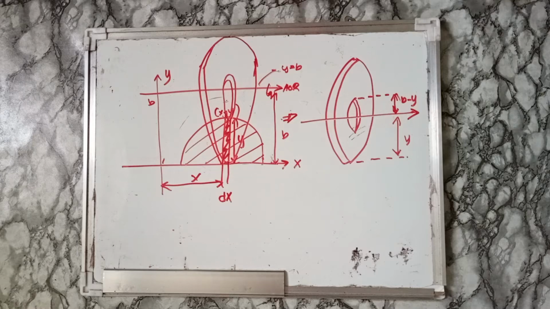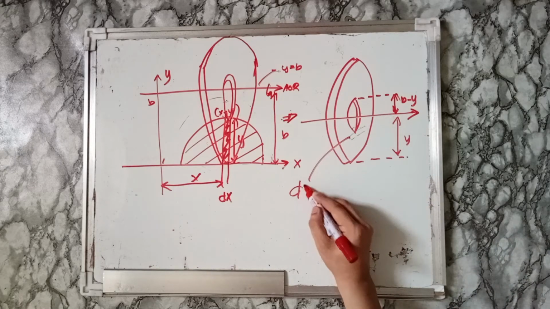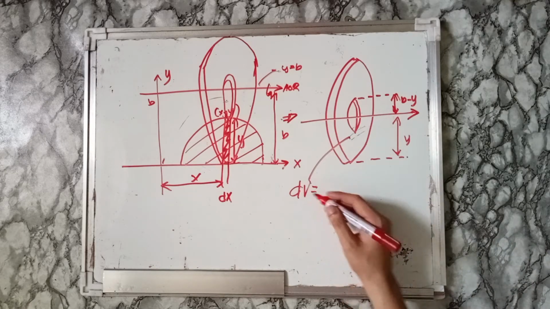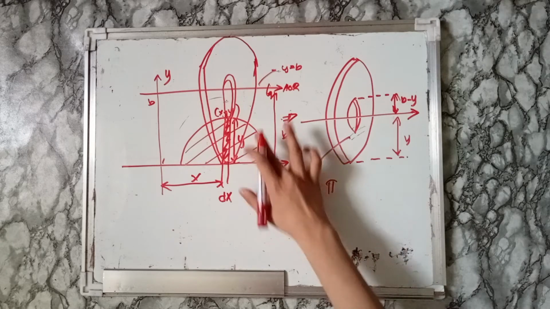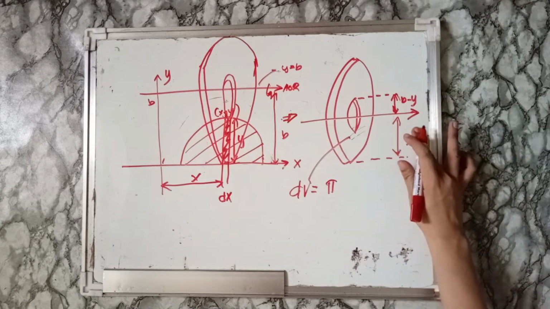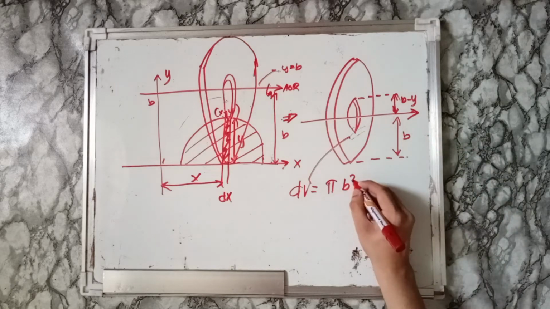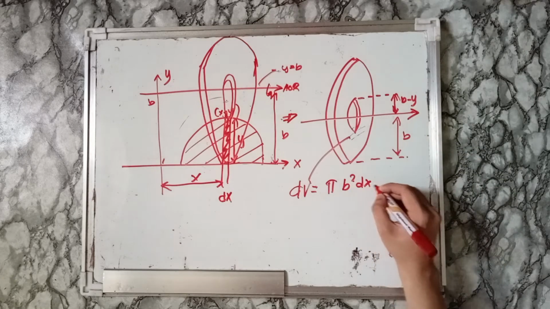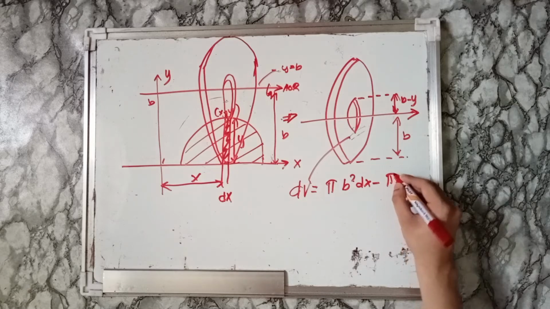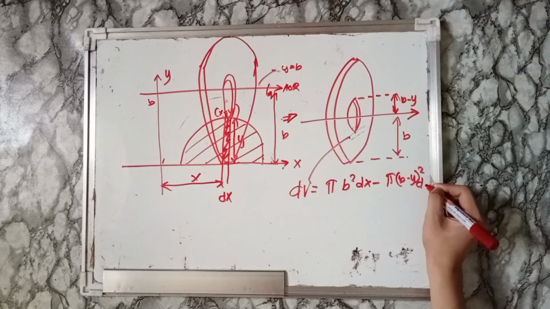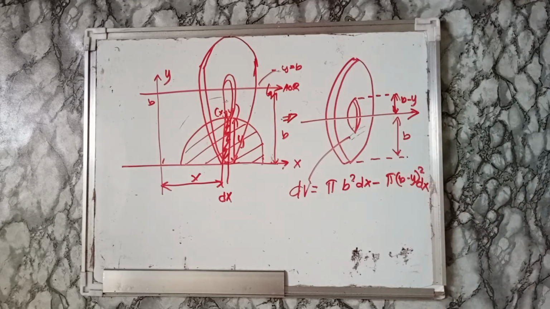Now, if we take the differential volume, this is just pi b squared. This is actually not y but b. This is b squared dx minus pi b minus y squared dx, right?